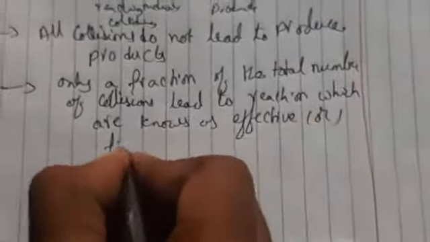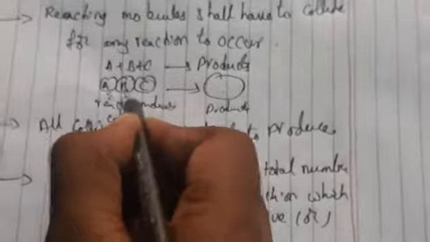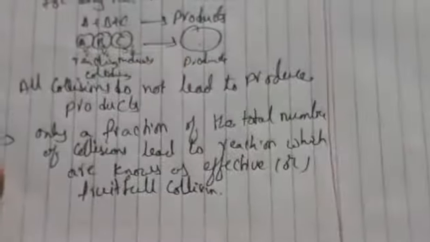A fraction is nothing but, as you know in maths, 3 by 2, 1 by 2. Those all come under fractions. So only a fraction of the total number of collisions, for example one getting 1 by 2, another 3 by 2, some 5 by 2, leads to formation of products. These we call effective collisions or fruitful collisions.